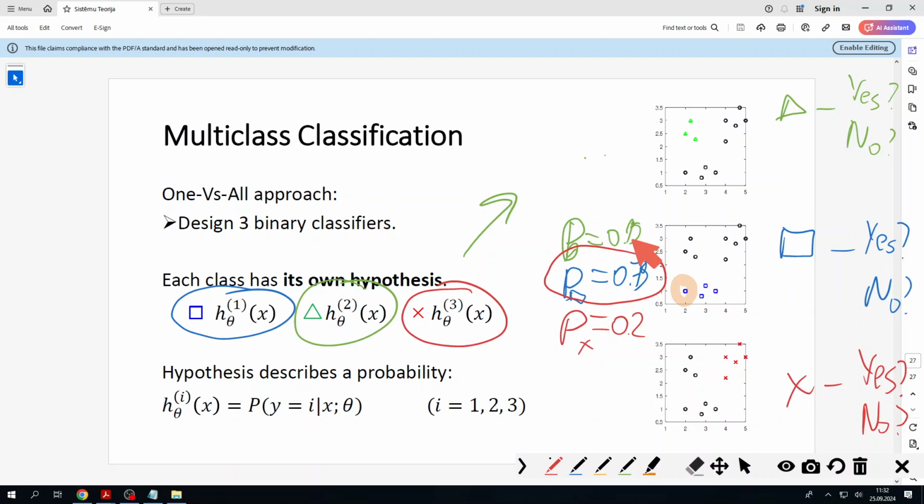So this is specifically the approach called one versus all, which we are going to use to train our algorithm to recognize these handwritten digits. 1, 2, which 2 may look even somehow like this, etc. And this will work, you will see with your own eyes.